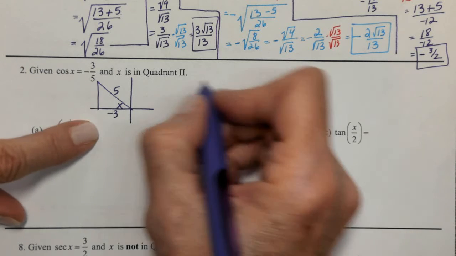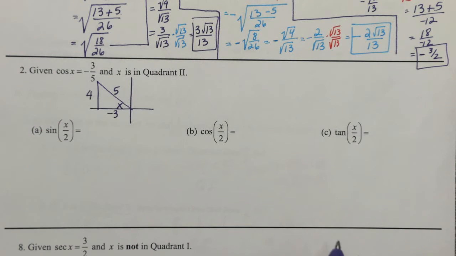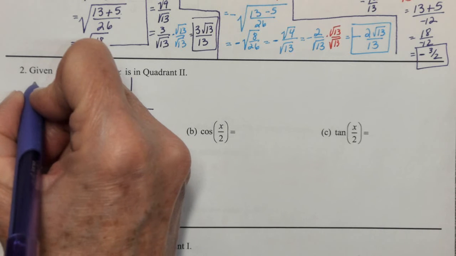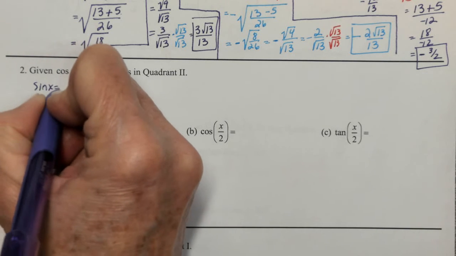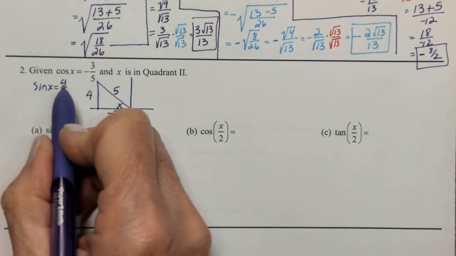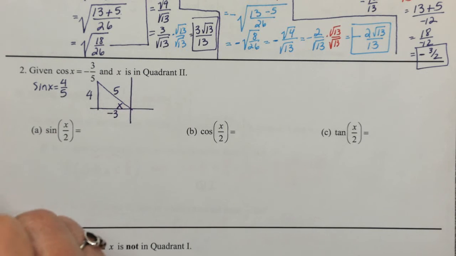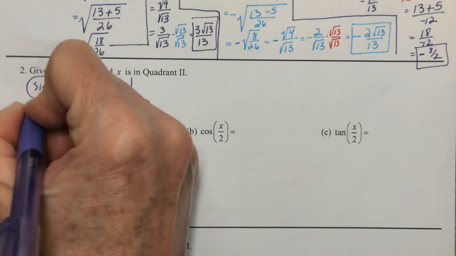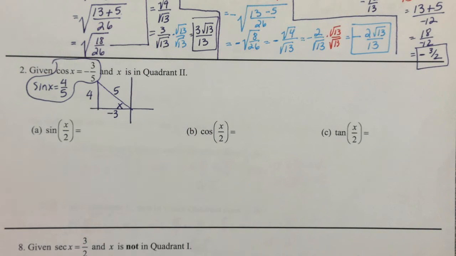The opposite side will be a positive 4, positive because we're going in the upward direction. And I know that sine of x will be 4 over 5. I'm not going to rewrite cosine of x because they gave it to me. So we have these two that we're going to be using.